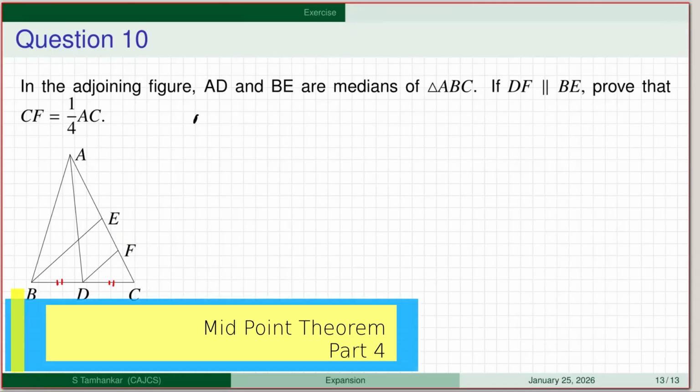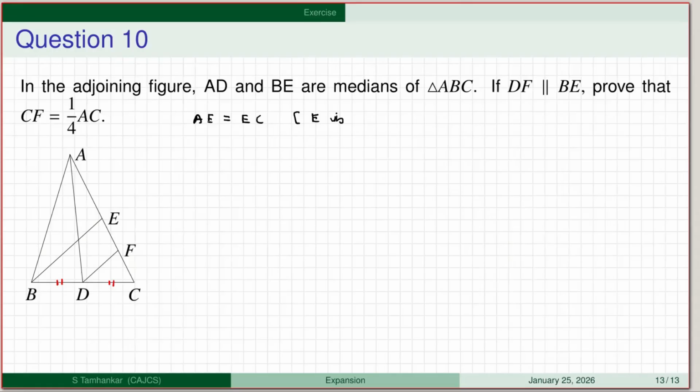I have AE is equal to EC because E is midpoint, or I can just write that BE is median. It also allows me to write that EC is half of AC. Okay, so let's call this as 1.